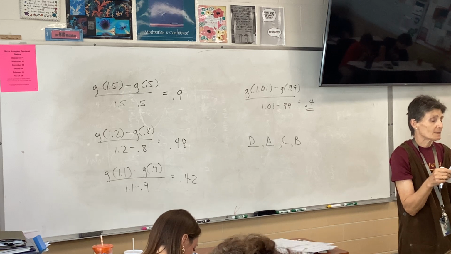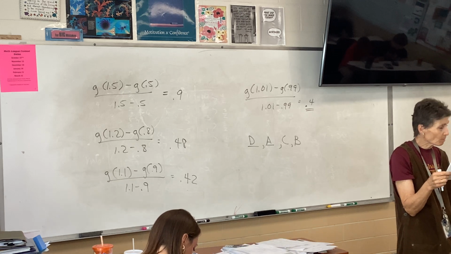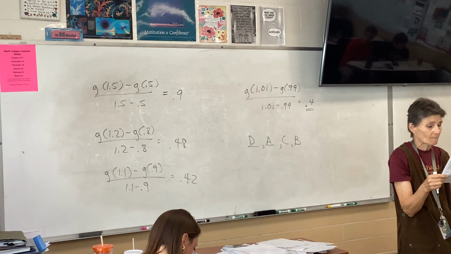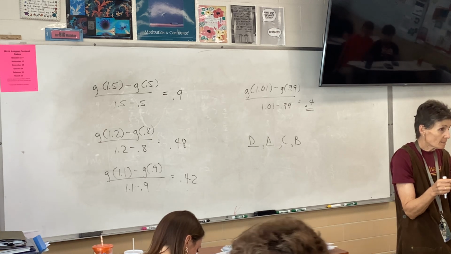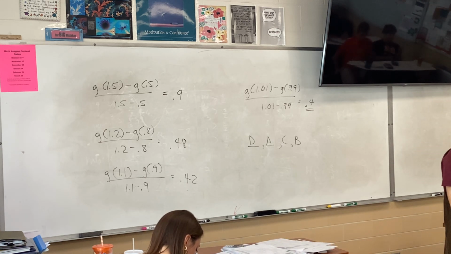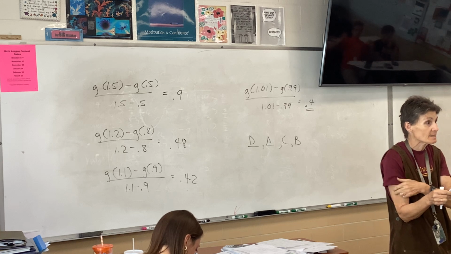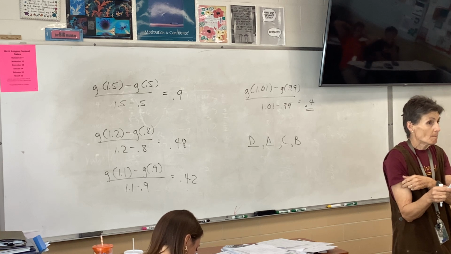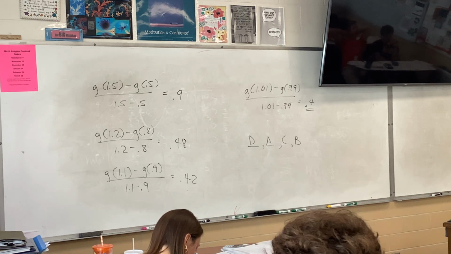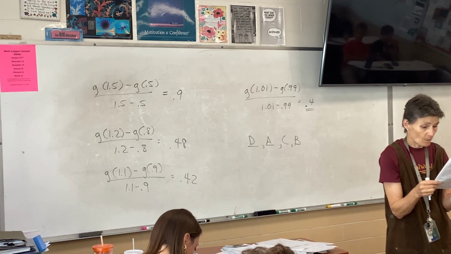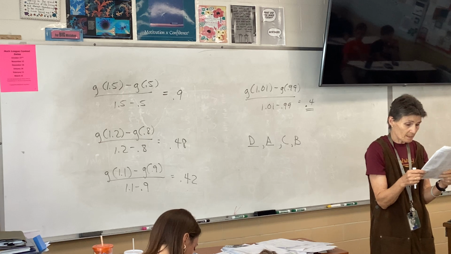Now, it's important that you slow your brain down and read the question. The rate of change, okay, not the function itself, because the function itself is decreasing, but the rate of change is increasing because we're concave up.